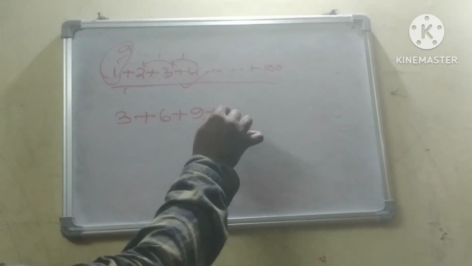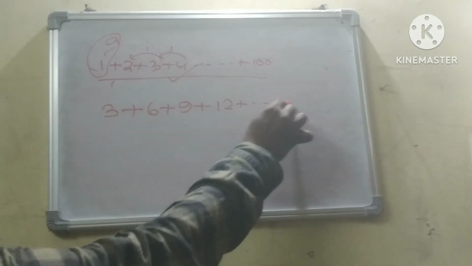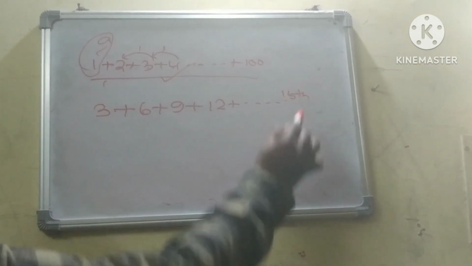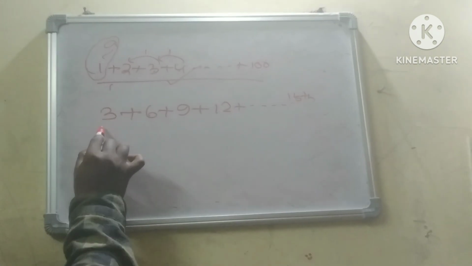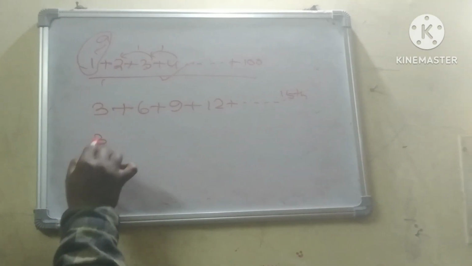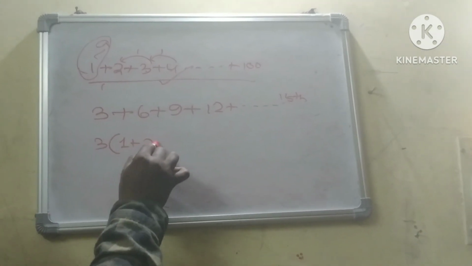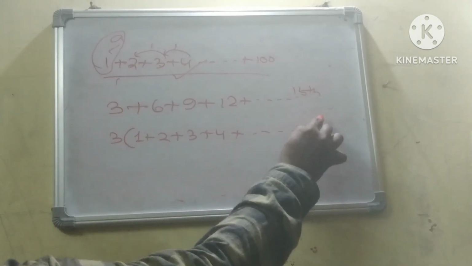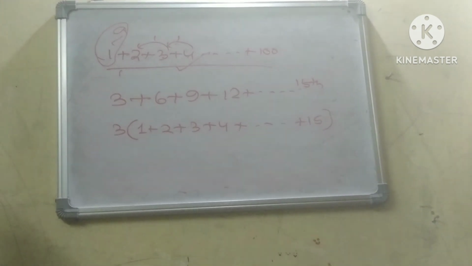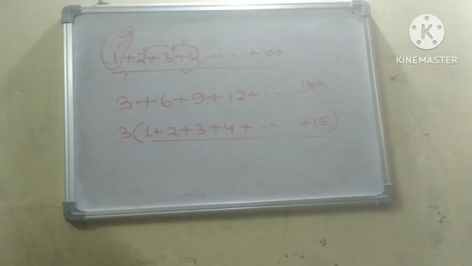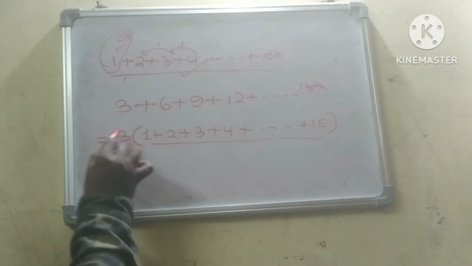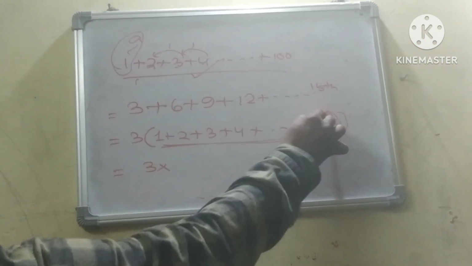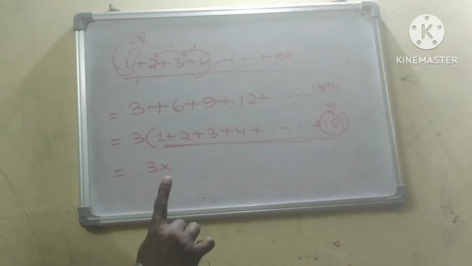3 plus 6 plus 9 plus 12, like this, up to the 15th term. What will it be? Let's see. We can take 3 common: 3 times 1 plus 2 plus 3 plus 4, like this, up to 15. Yes or no? We have to find the sum of 15 terms. So 3 into n is 15. n is 15.